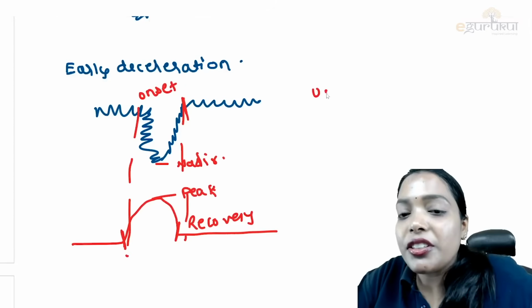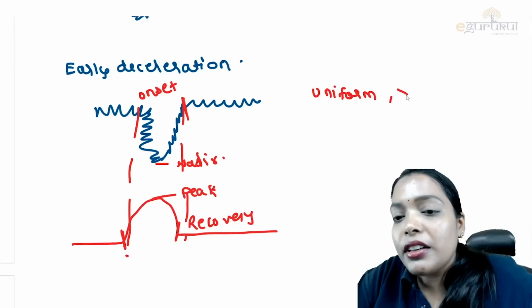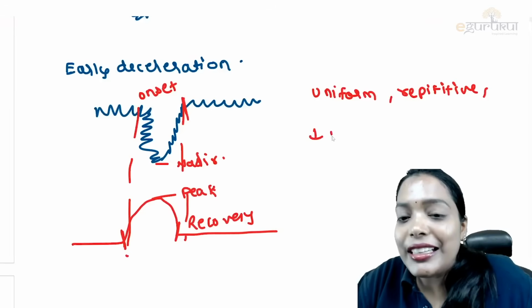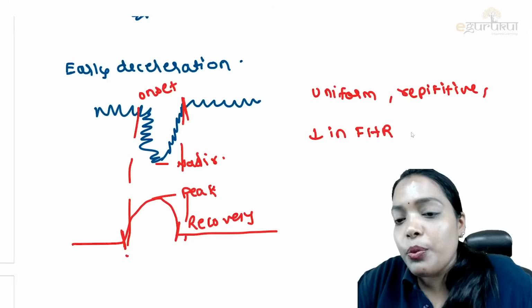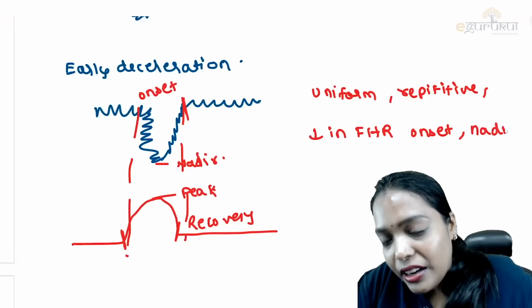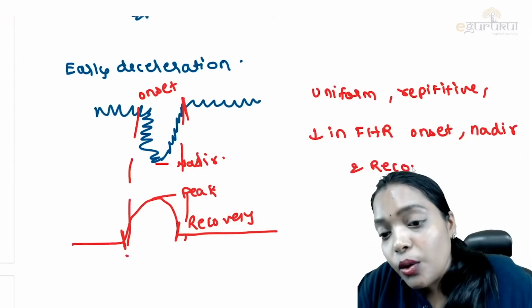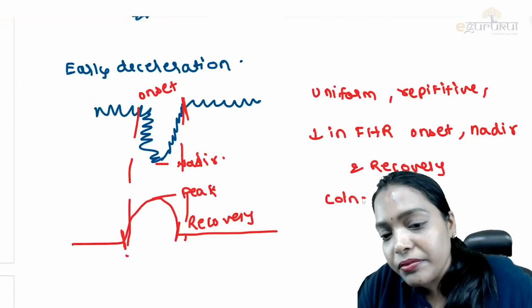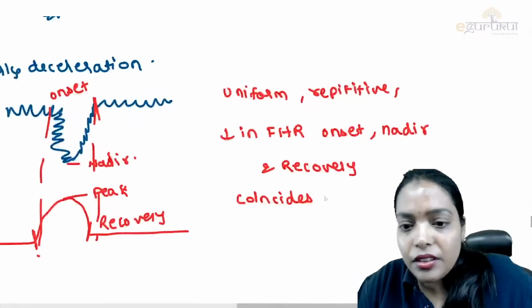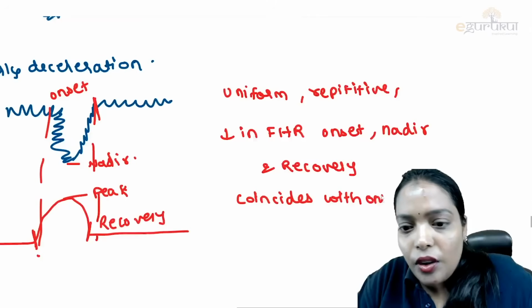Okay, so early deceleration is uniform, repetitive, and the decrease in fetal heart rate with onset, nadir, and recovery coincides with onset, peak, and recovery of a contraction.